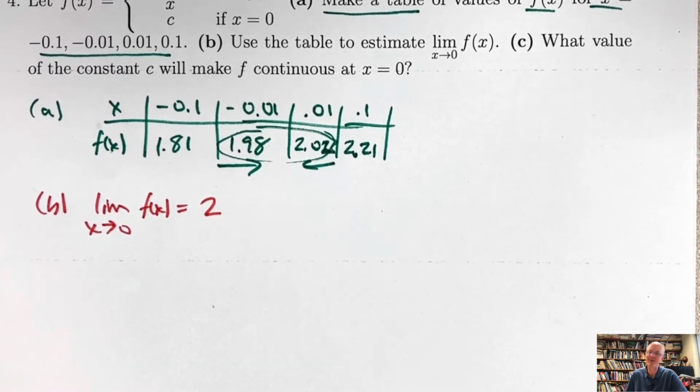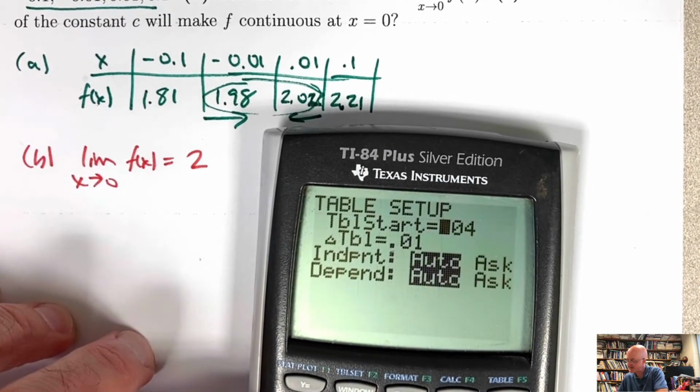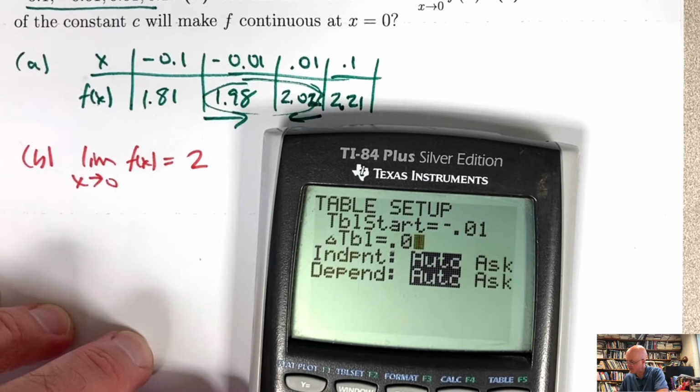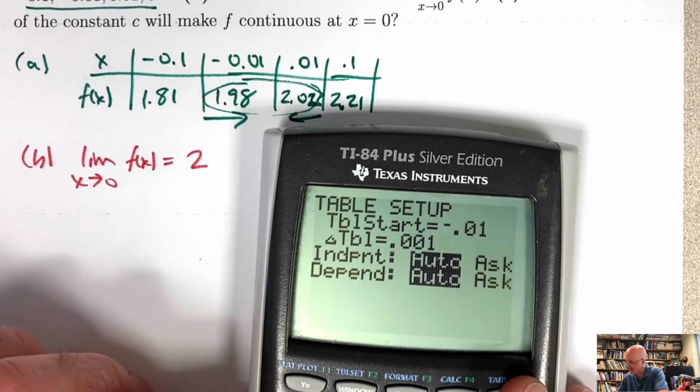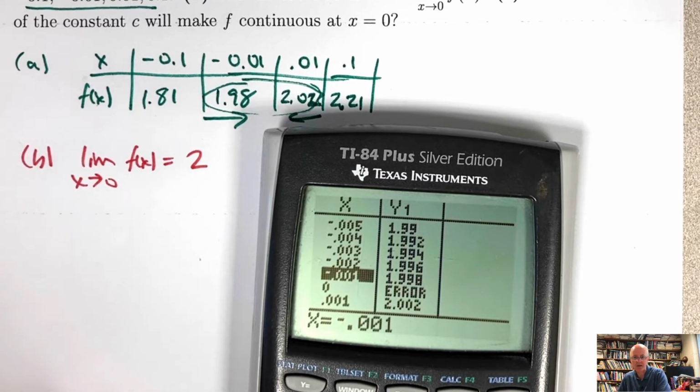It's just numerical evidence. I suppose we could, if we wanted extra confirmation, go back to our table settings, start at negative 0.01 and make this be 0.001 and see how it looked then. And we get really close to 0 without equaling 0. Yes, the outputs are getting really close to 2.